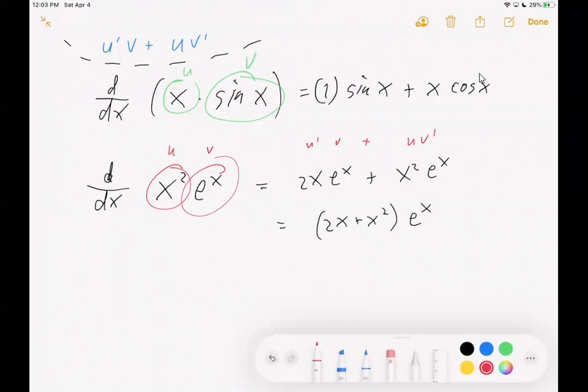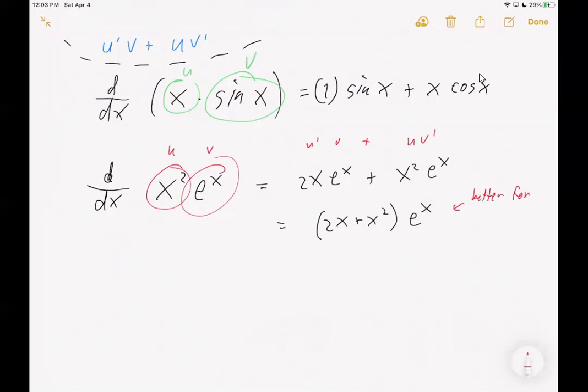So factored form, this one is better for finding zeros. I'll say finding where f prime equals 0. But that's not what we're always doing, but often we are. So books will often give this as the answer. Okay, so let's practice with a few more.